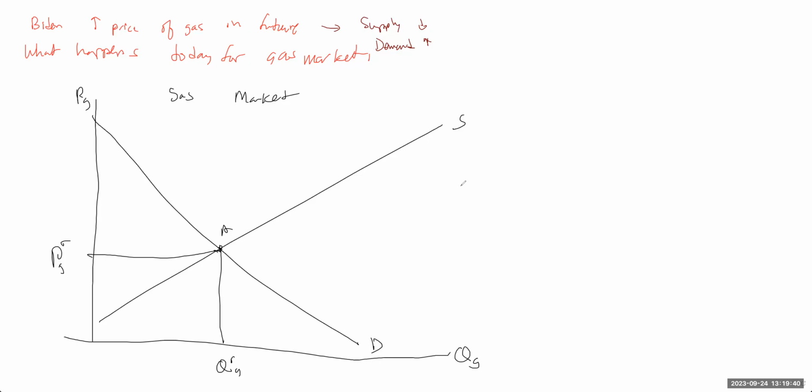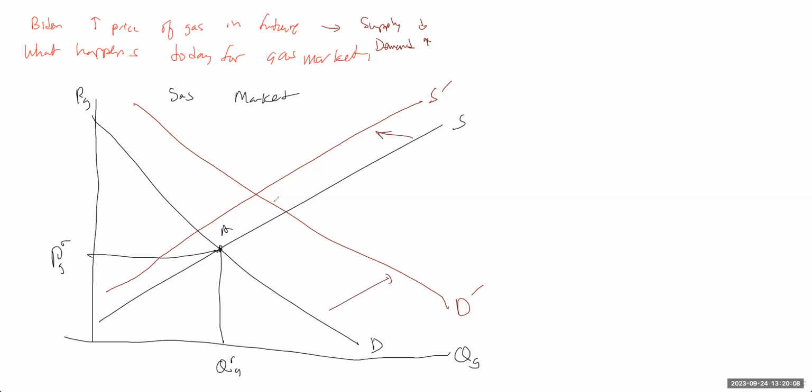All Chevrons and all Shell stations are going to shut down. So supply will fall. But everybody and their grandmother wants to buy gasoline, so we're all going to rush to the gas station. So demand will increase. All right, so supply falls, demand increases.